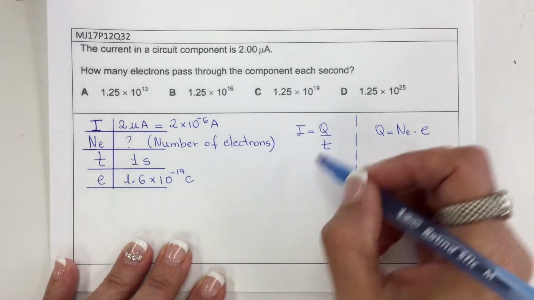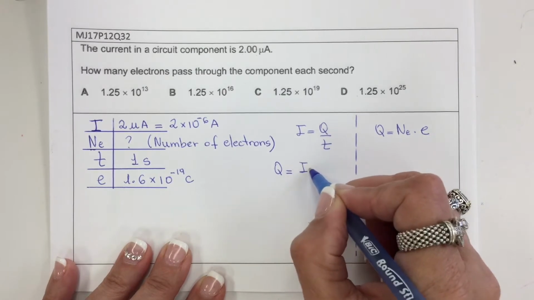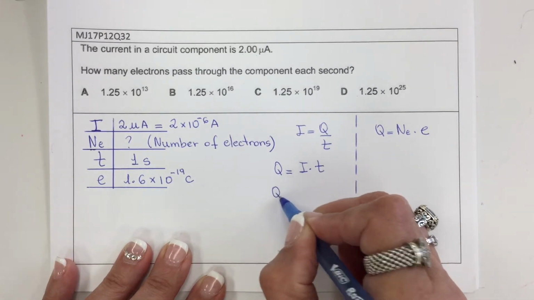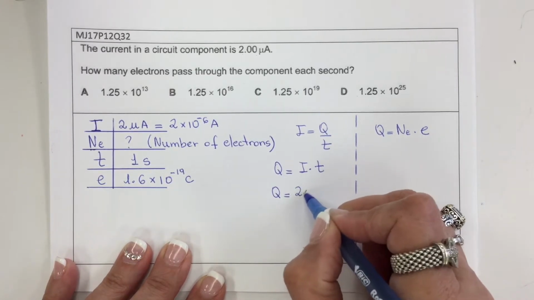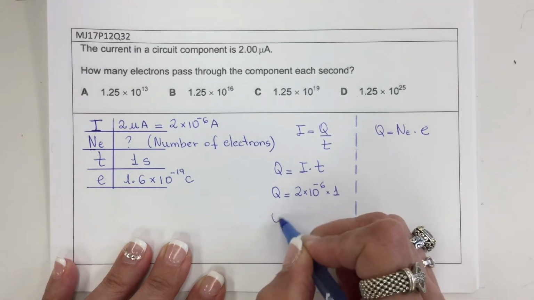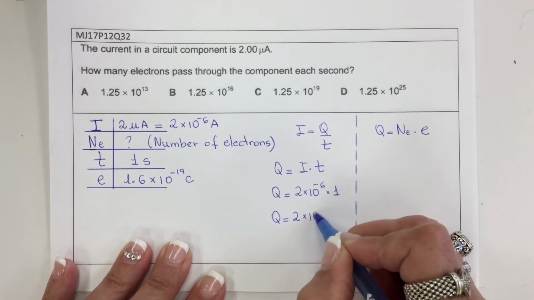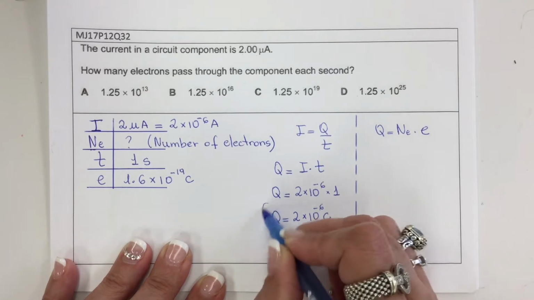So I can calculate Q, or charge, using this equation, I times t. My I is 2 times 10 to the negative 6 times 1. So my charge is 2 times 10 to the negative 6 coulomb.